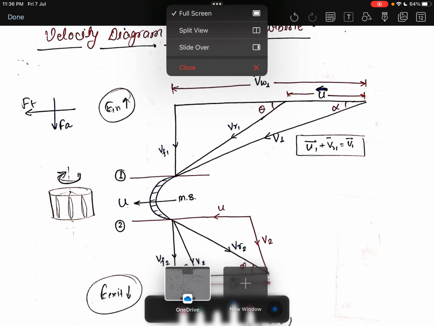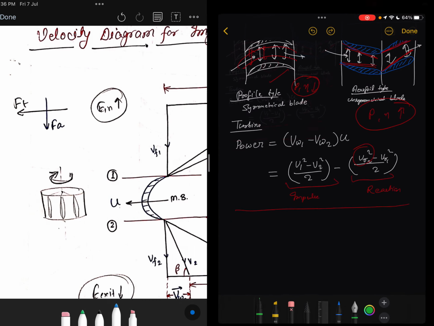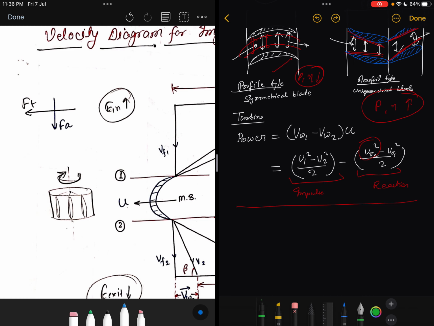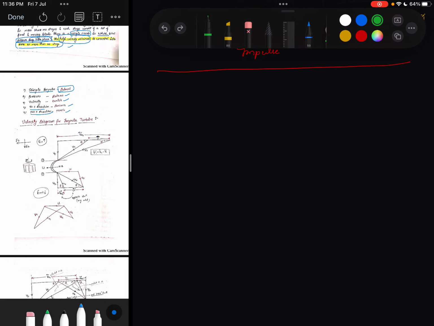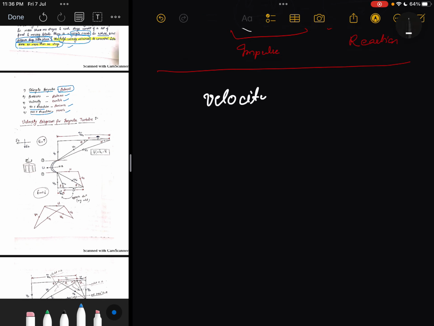So I think I should draw it. Velocity diagram of the impulse turbine.